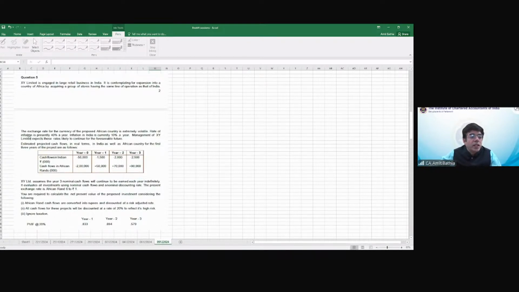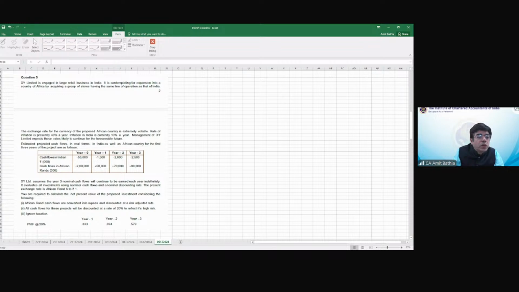The rate of inflation is presently 40% a year. Inflation in India is currently 10% a year. Management of XY Limited expects these rates likely to continue for the foreseeable future. Estimated cash flows, projected cash flows in real terms, right?